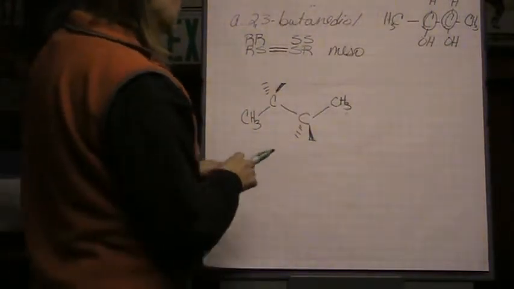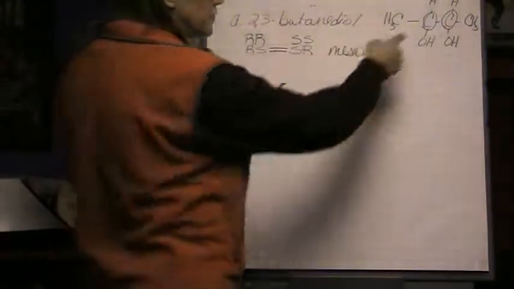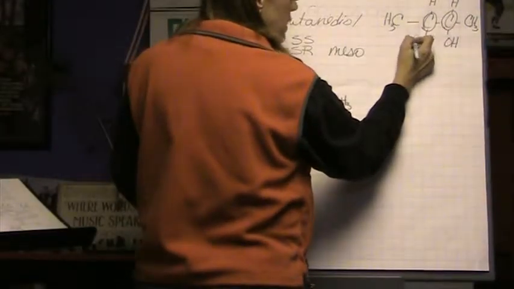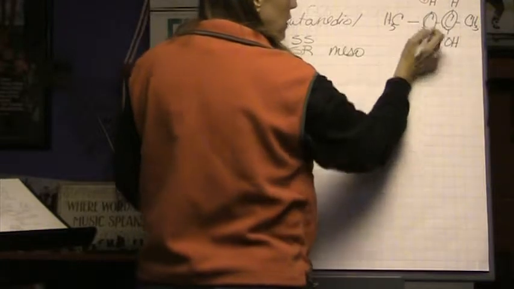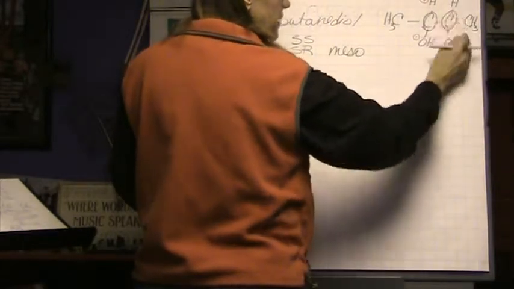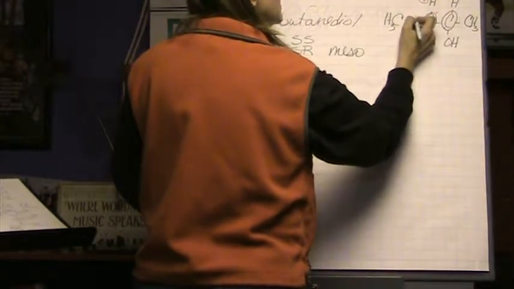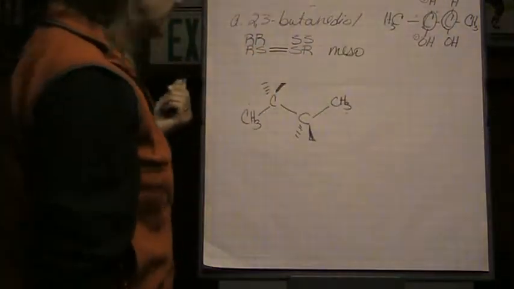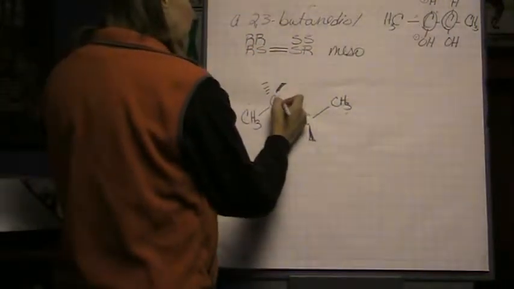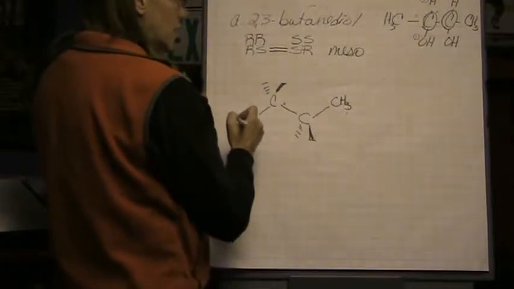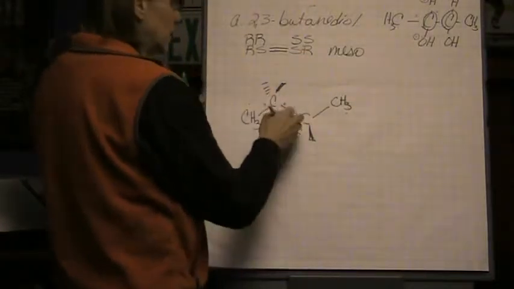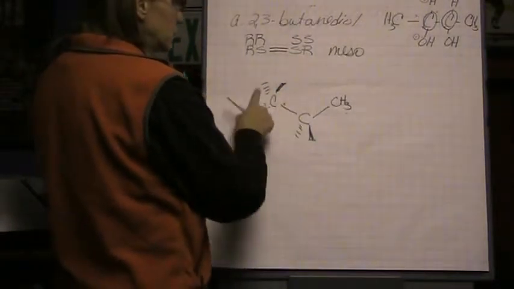Okay? So now let's assign priorities to this first one. Of course, OH is going to be number 1. H is number 4. Going this direction to get this big group is 2, and my CH3 will be 3. So the big group is 2, and the CH3 is 3. So it looks to me, 2, 3, 2, 3.